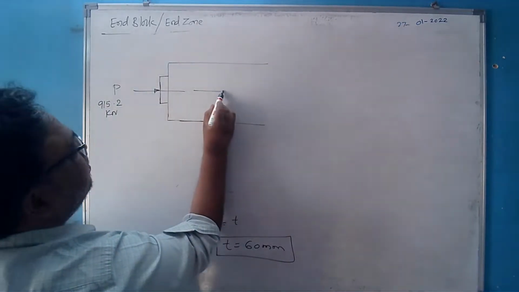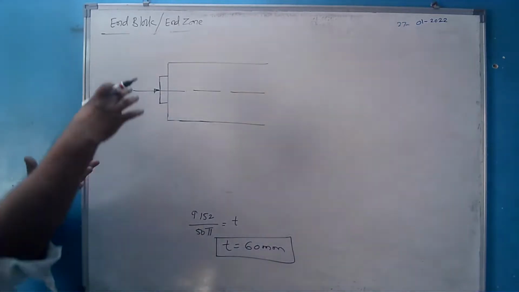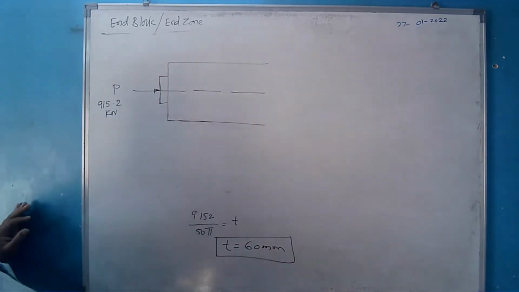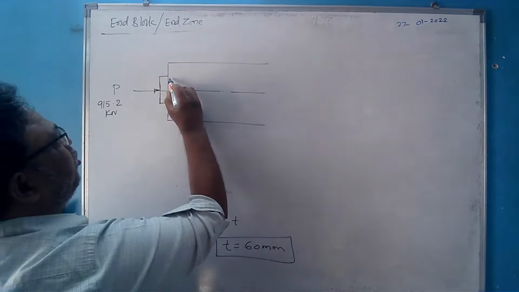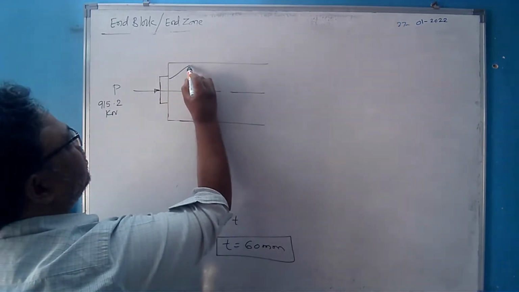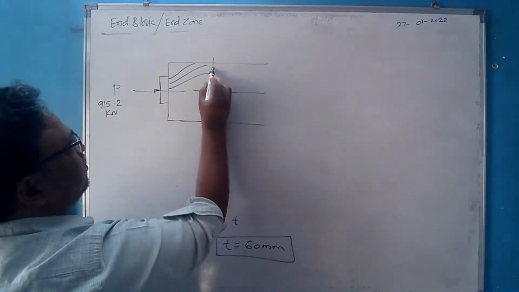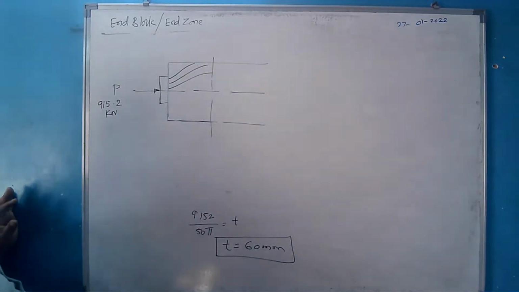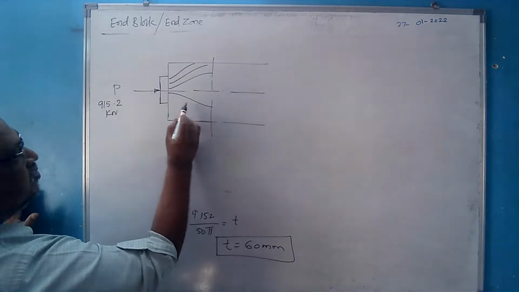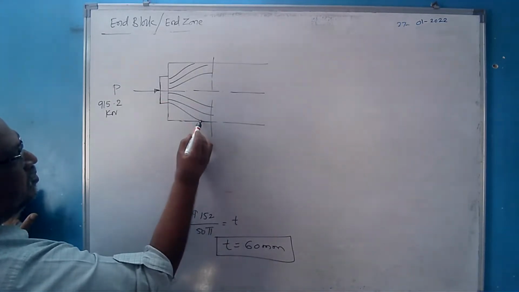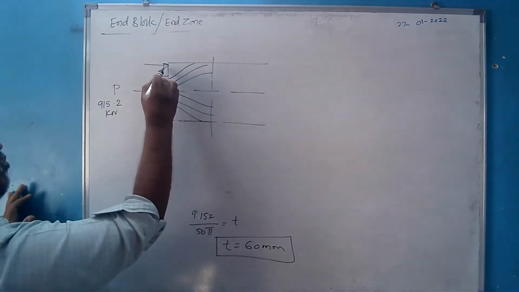This is the center. From the side, मैं सिर्फ एक प्लेट की बात कर रहा हूं. What I had told you, if you remember, this is how the stresses will be acting for certain distance. This is the zone of compression.